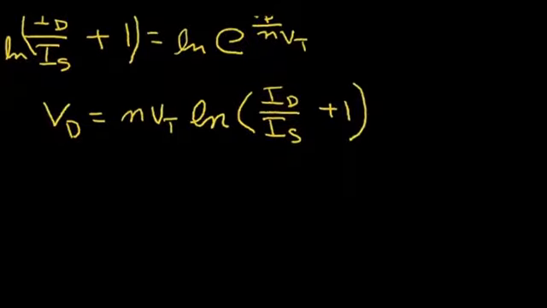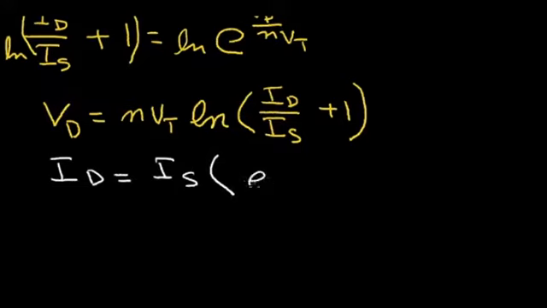Now let's also repeat the equation for the diode current here. So the diode current is equal to I sub S times E raised to the V sub D divided by N V T, minus 1. So let's graph the voltage current relationship of the diode using these equations.